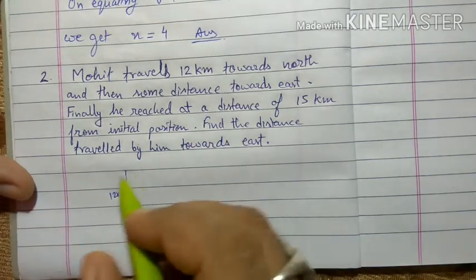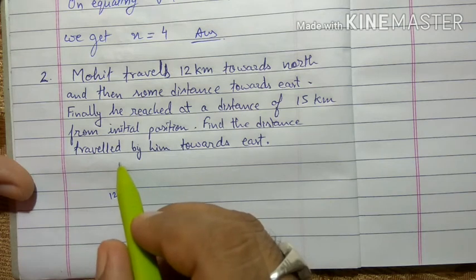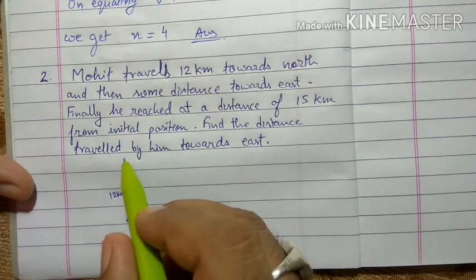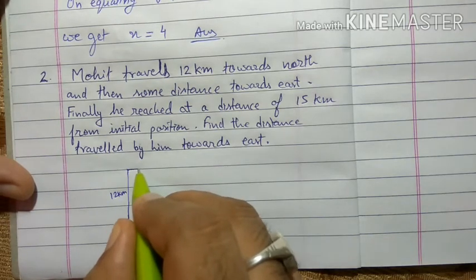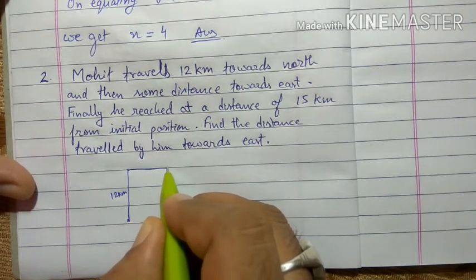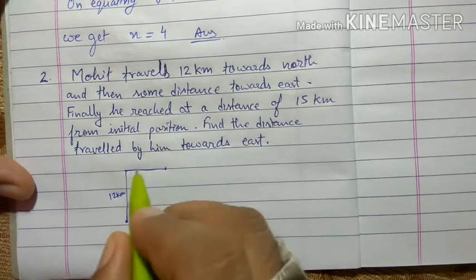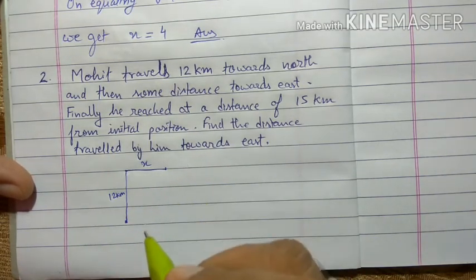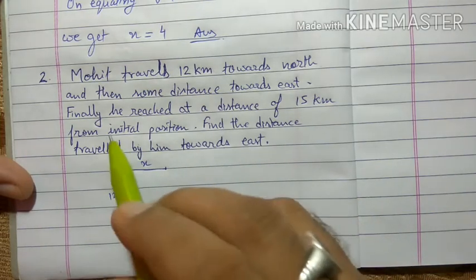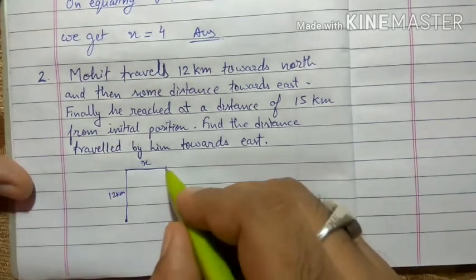Then from here he travels some distance toward east. So we take some distance like this much. This is the east direction. Suppose that distance is x kilometers. And finally he reached this point.